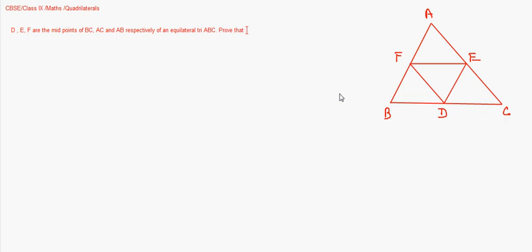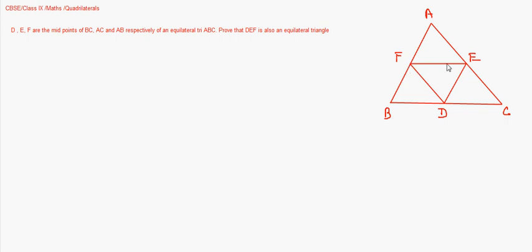Prove that DEF is also an equilateral triangle.